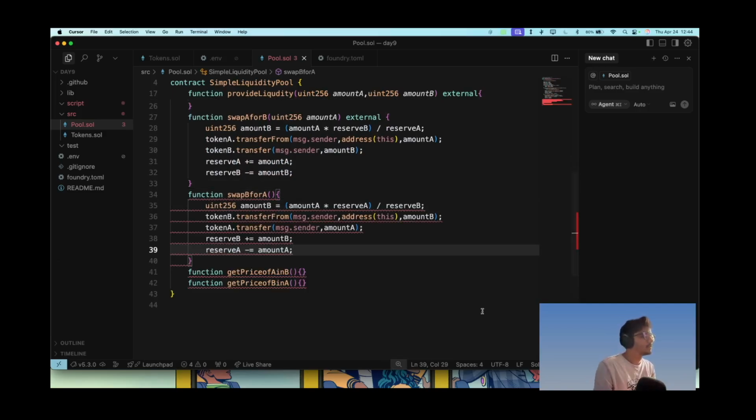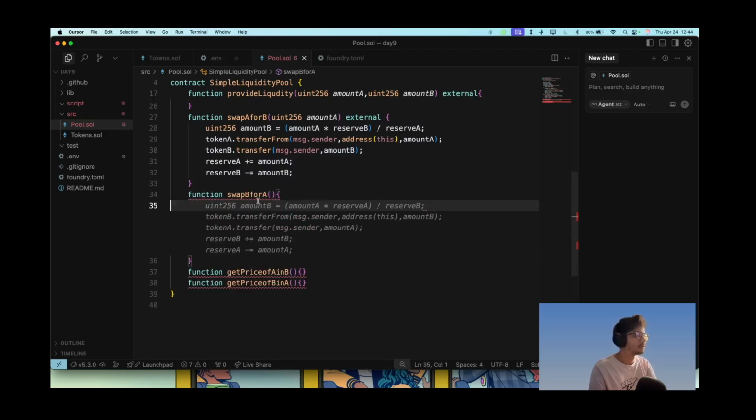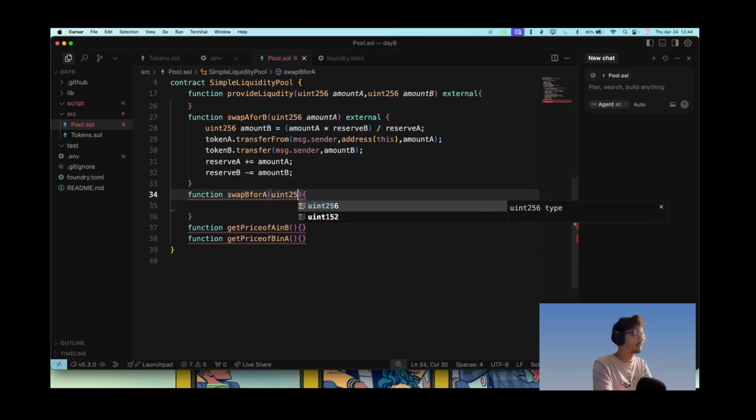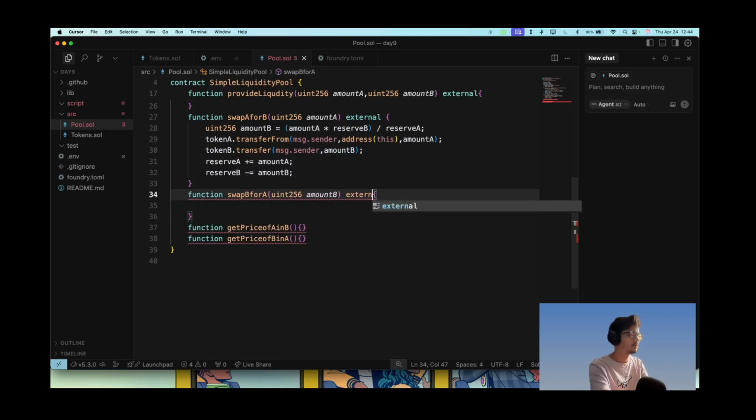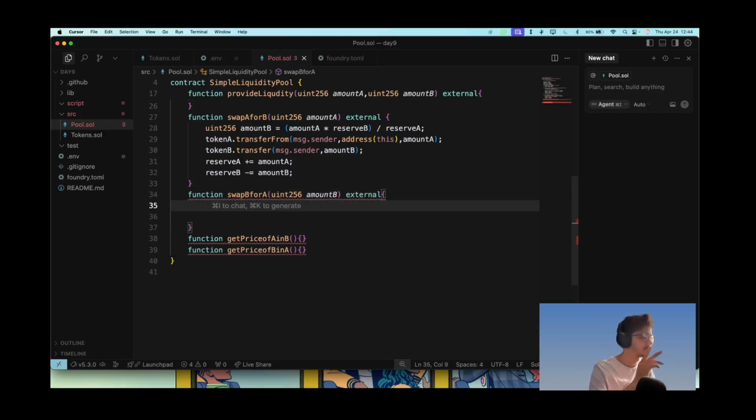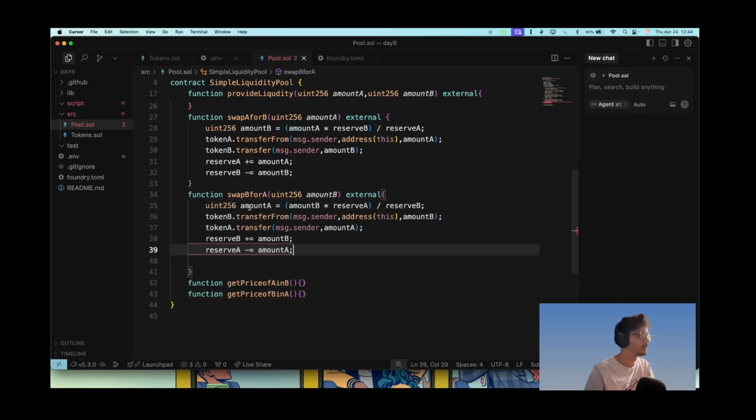This should work here, as we need uint256 amountB that we are willing to provide here. This will be the complete opposite of this function. So amountA will be equal to amountB times reserveA divided by reserveB, and this is what the function looks like.